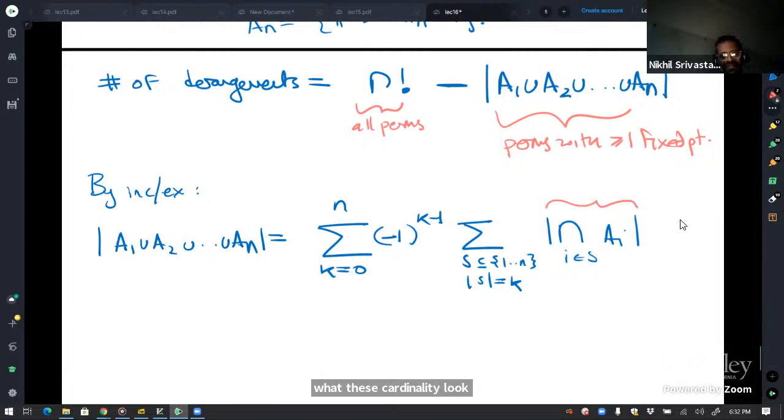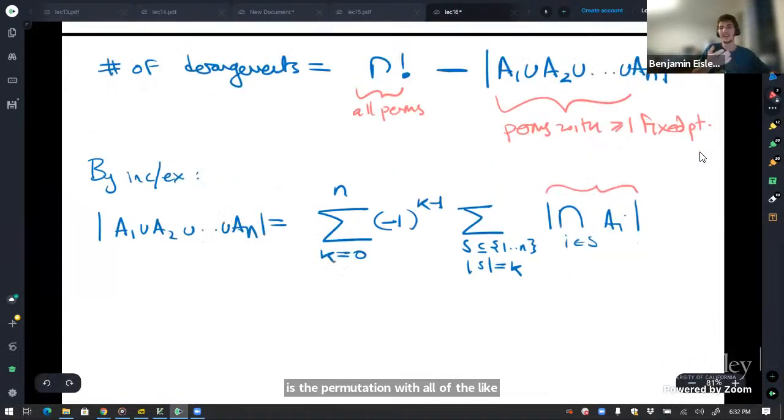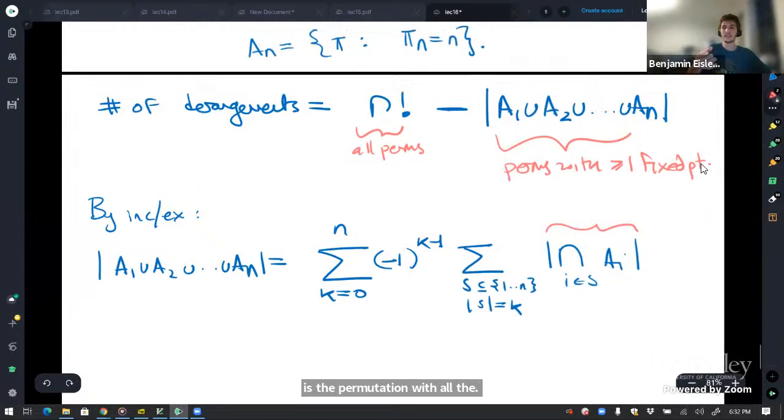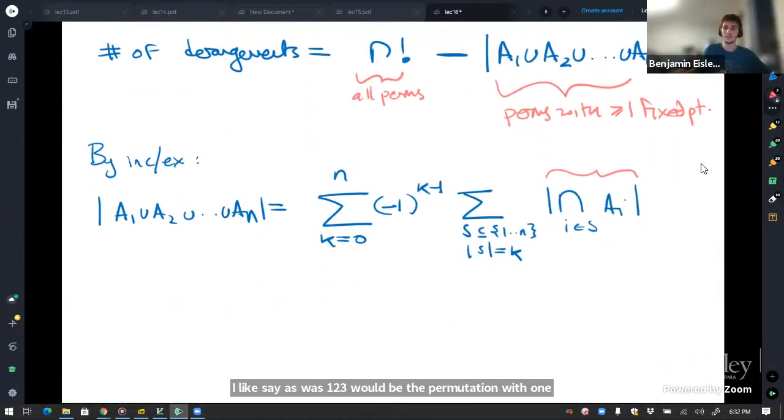So let's fix a set S. Can somebody describe in words what this intersection is? It is the permutation with, say S was 1, 2, 3, it would be the permutations with 1, 2, and 3 as fixed points. Exactly.